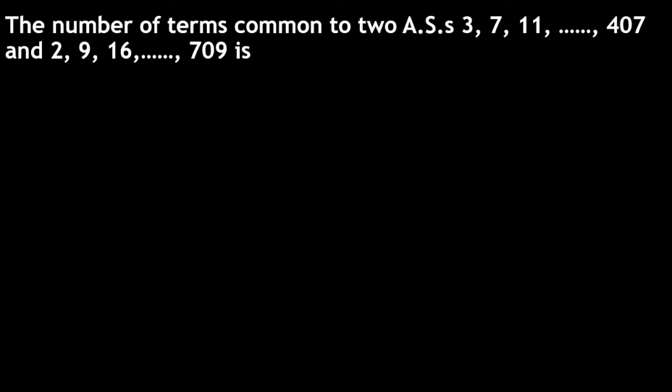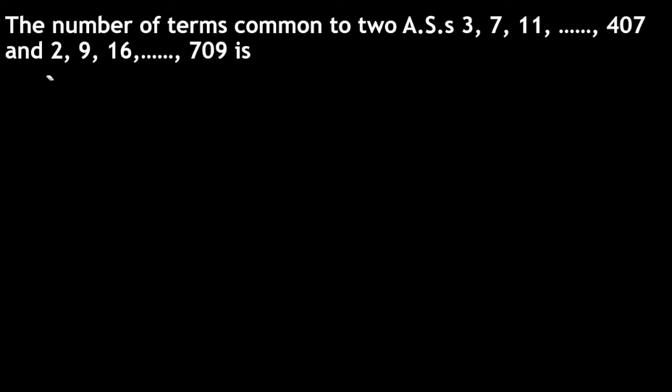All right, next question. The number of terms common to the two arithmetic sequences 3, 7, 11 all the way up to 407 and 2, 9, 16 all the way up to 709 is what? In my opinion, this is a really good question, and I suggest that you pause the video, give it some time, and then come back again.